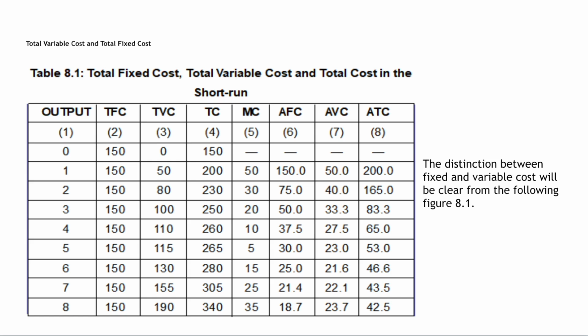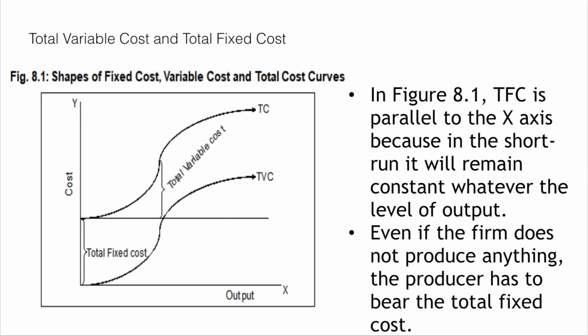The distinction between fixed and variable cost will be clear from the following figure 8.1. Let us present these figures graphically. In figure 8.1, total fixed cost is parallel to the x-axis because in the short run it will remain constant whatever the level of output the firm can produce. Even if the firm does not produce anything, the producer has to bear the total fixed cost.